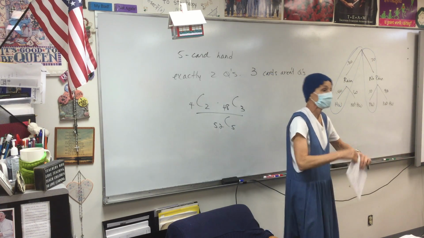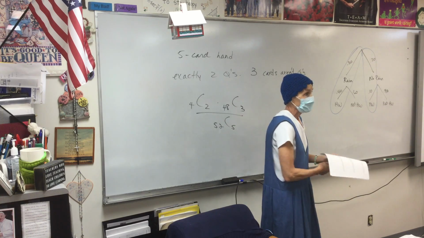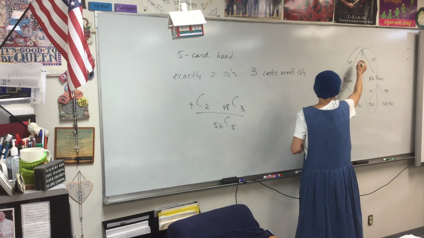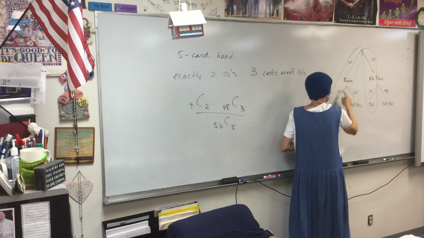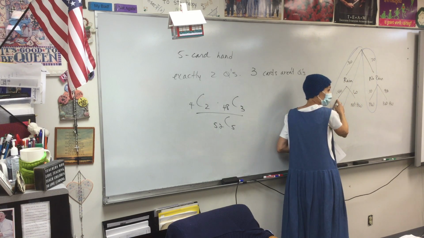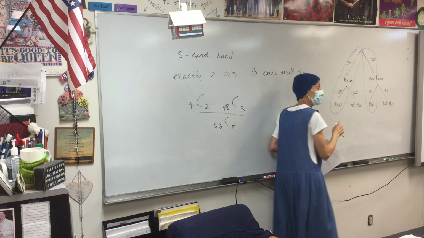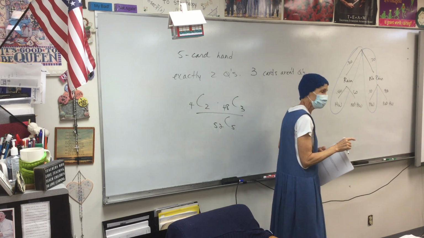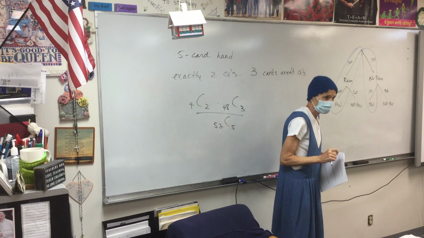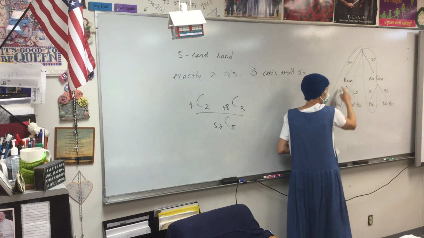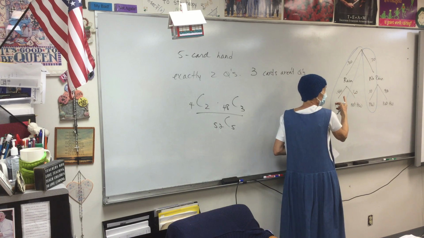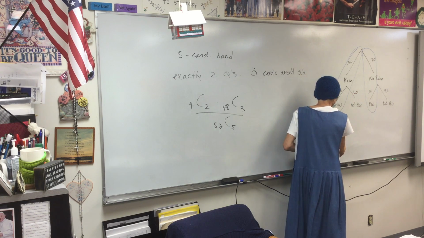Either on a rainy day or a not rainy day. Now, to find the probability of this branch, it's rain and homework. So remember, what do I do when it's an and? I multiply. So I'm going to take 30 times 40%, and that'll give me a 0.12.